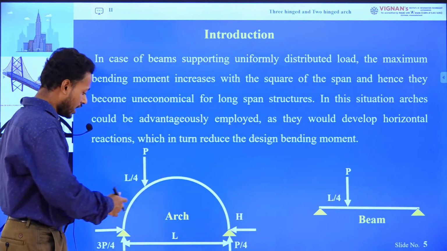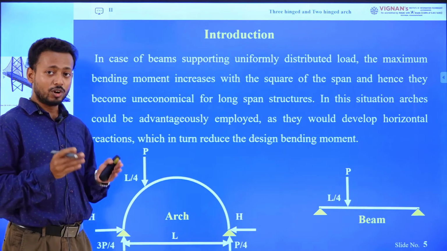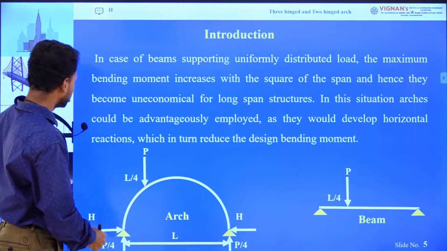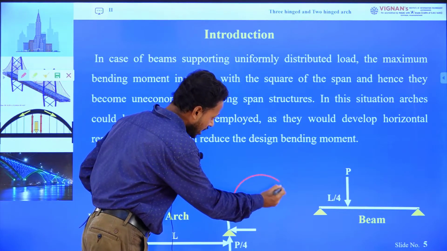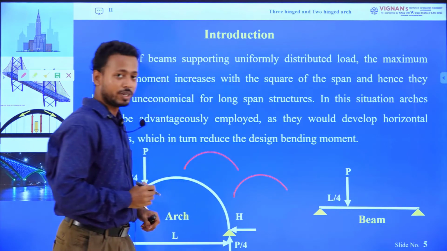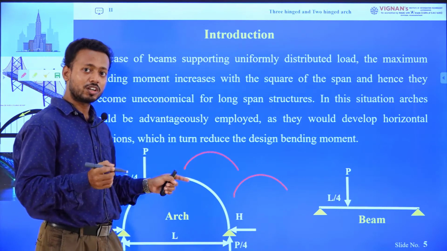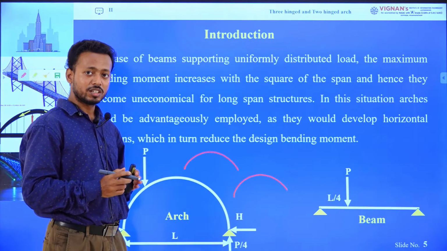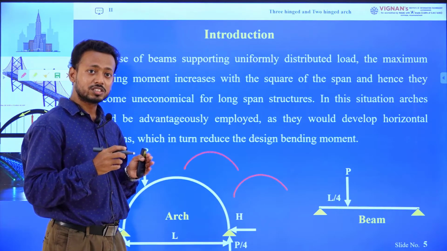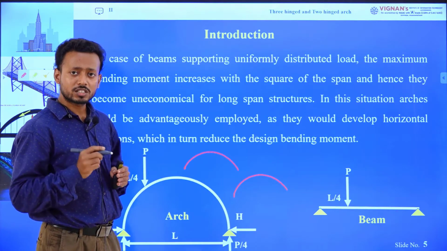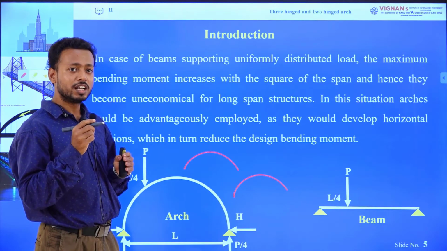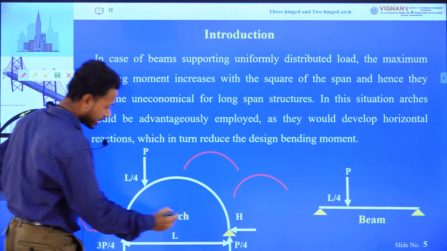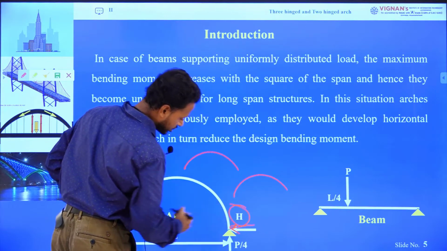Moreover, an arch structure is not a special structure because of its circular or parabolic geometry. It is special due to its arch action. What is arch action? The arch action is related to the horizontal thrust, which is the most important thing in an arch structure.